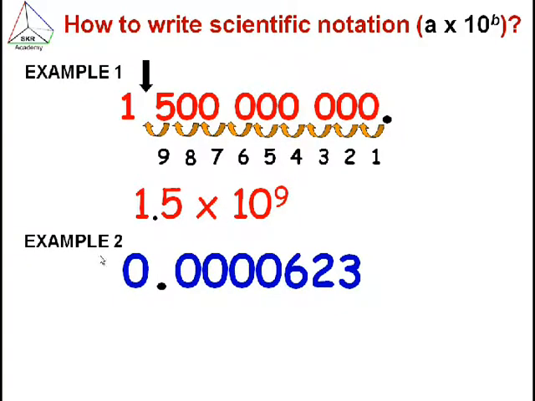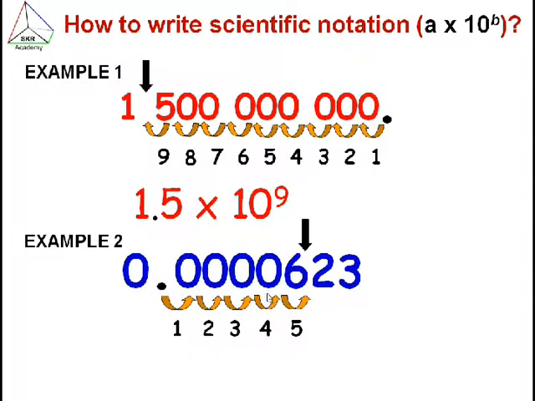Let's see another example, number 2, where we have to convert 0.0000623 into scientific notation. Here we will move our decimal from the left side to the right, and we will put this decimal just after the first integer, or first non-zero value. So let's move first, second, third, fourth, and fifth.